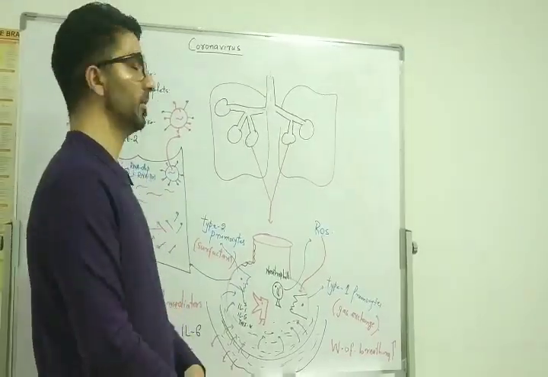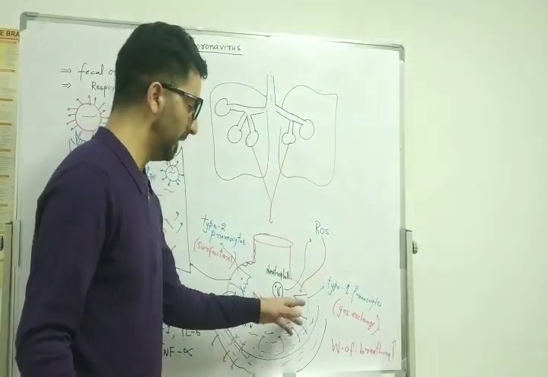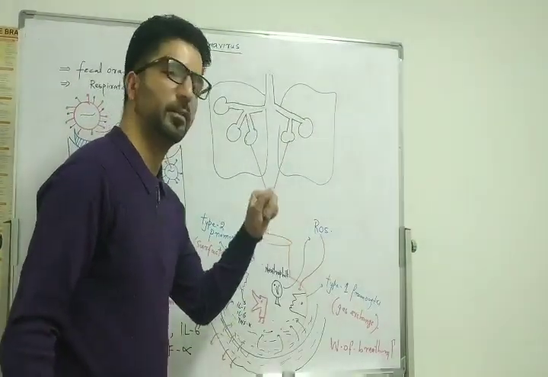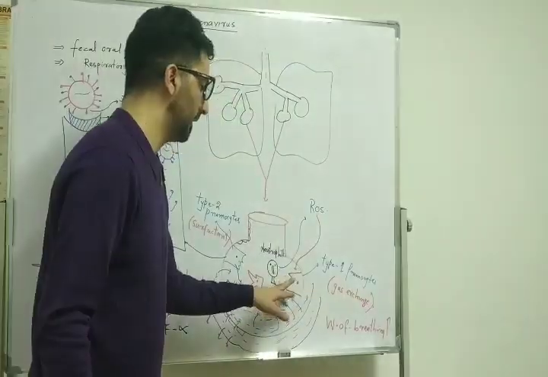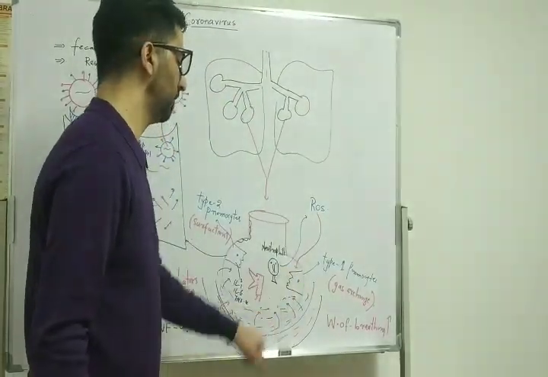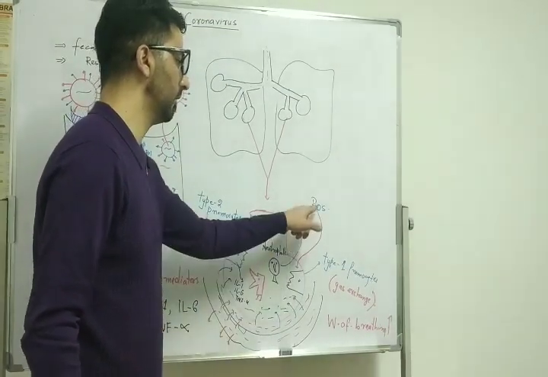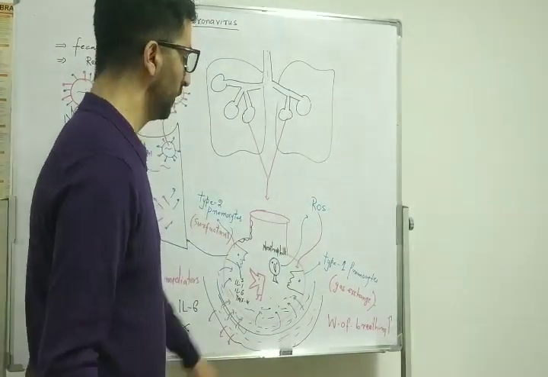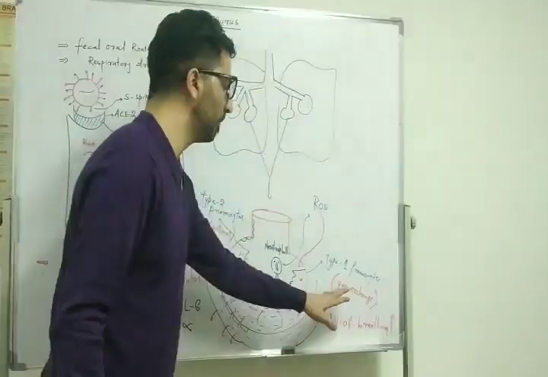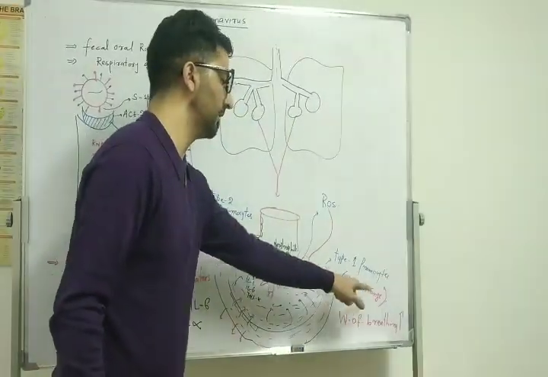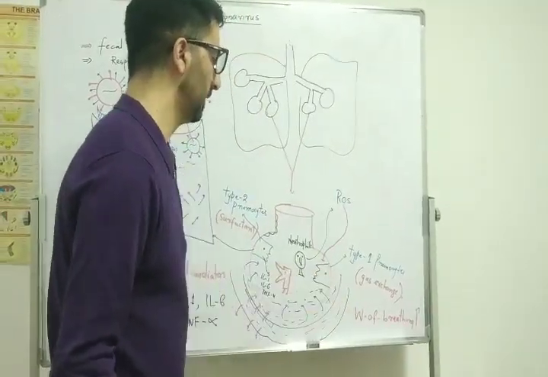That person thinks that they are going to die. The main reason for the shortness of breath is that the type 1 pneumocytes are disturbed, collapsed or degraded by the reactive oxygen species. So these type 1 pneumocytes are degraded, and there is no or very impaired gas exchange.